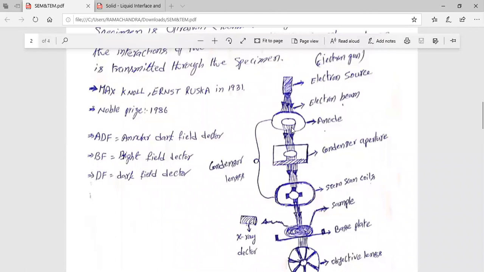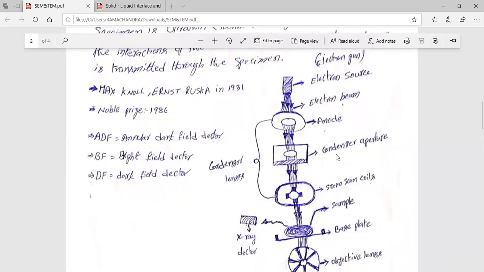Then they pass and reach the condenser aperture. When the electrons move to the condenser aperture, it condenses the electrons into a single point and passes them through the STEM scan coils.